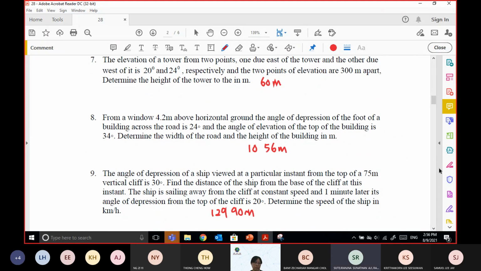Seventeen. 17, hold on. Yeah, I'm done, Miss. Sorry, there is a point, I write the point, but it's not appearing. 10.56 for number 8, I saw the point is missing. Why are all my points missing?